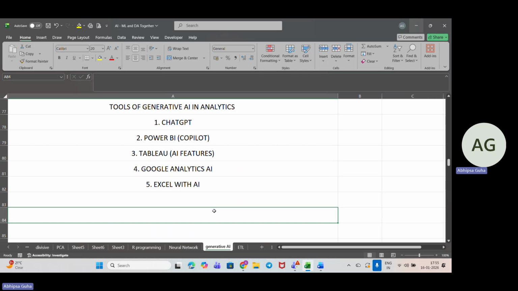Now, coming down to the future of generative AI in analytics. In the future, no coding is required. Talk to the data like a friend, and AI becomes your assistant, so it can do analytics accordingly.